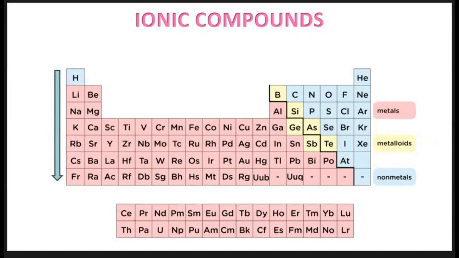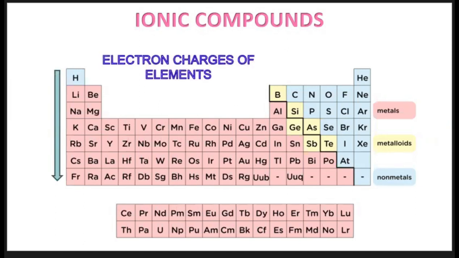So we have here the electron charges of elements. These charges are used by elements, especially in ionic compounds, as they interact with each other in a compound. So for you to easily memorize these charges, here are the charges of each element.